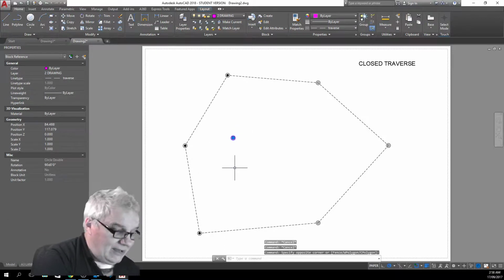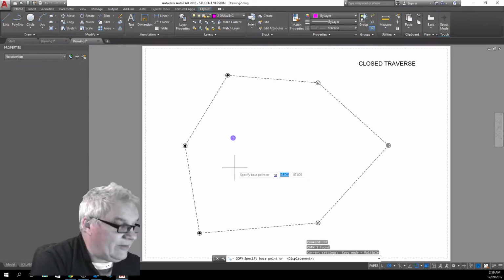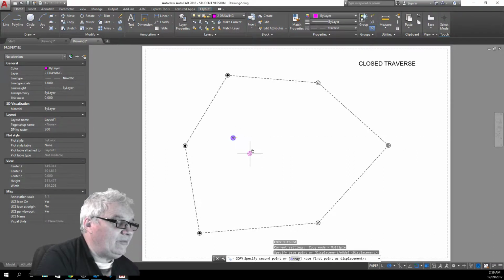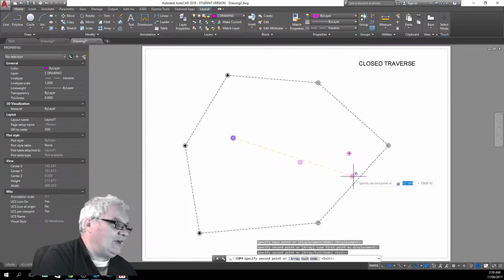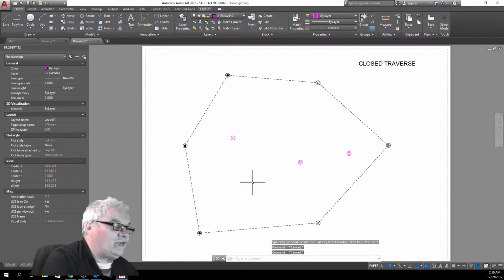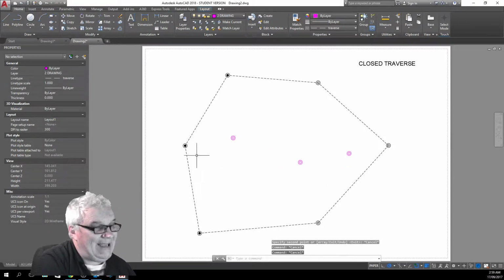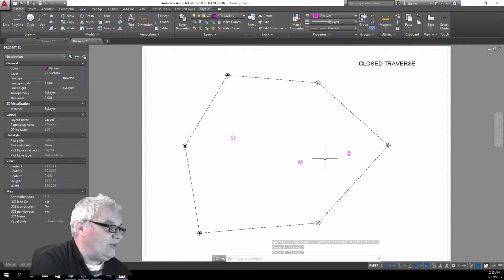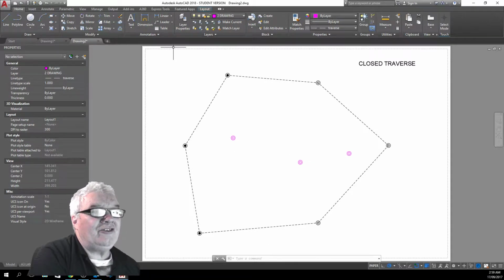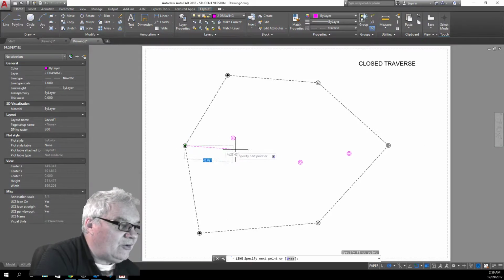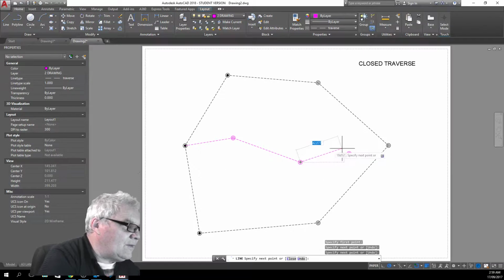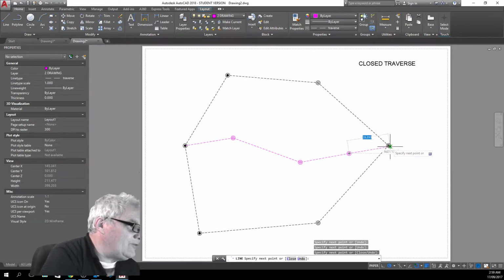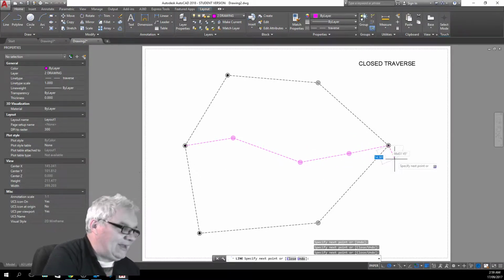So we might now put in another traverse, which goes from this old traverse, perhaps this mark here, over into here. So we'll put some lines in for that, just to show how that goes, like so.